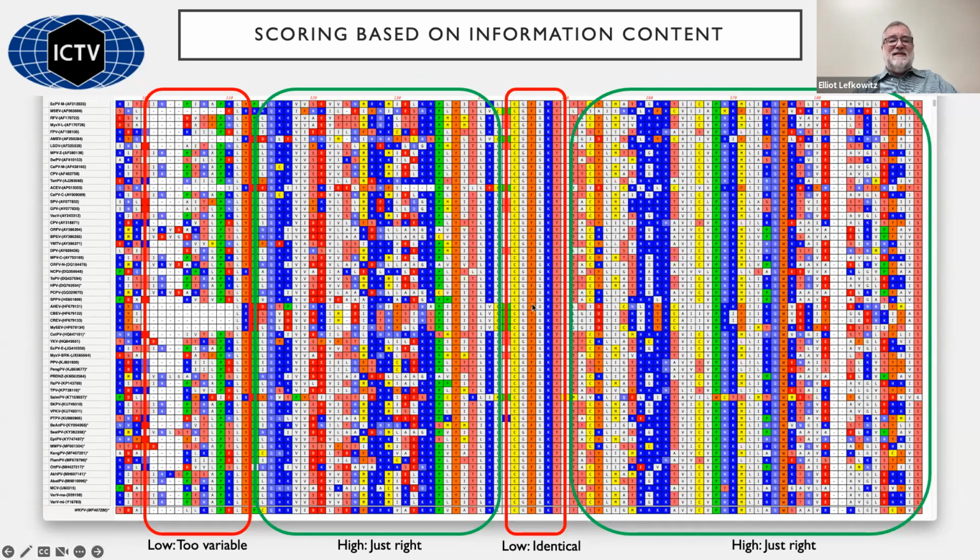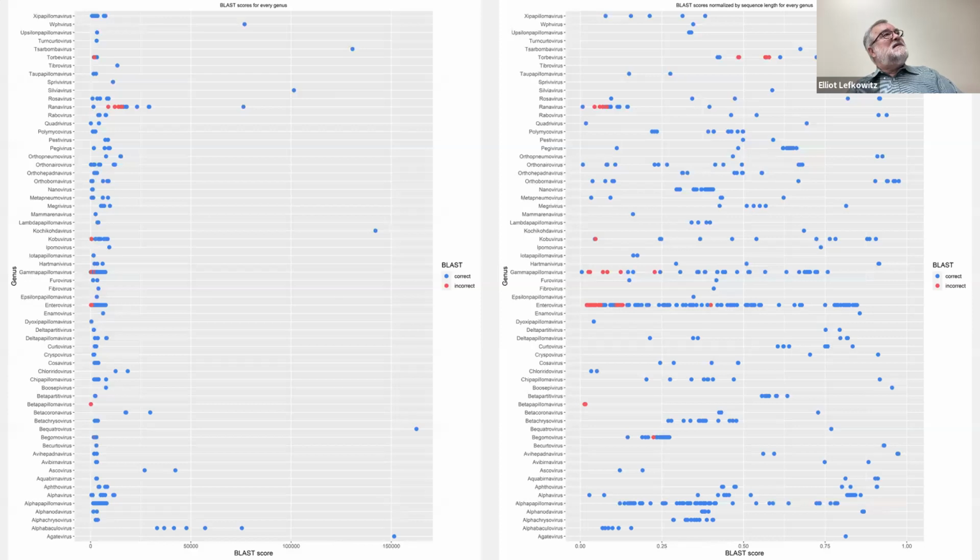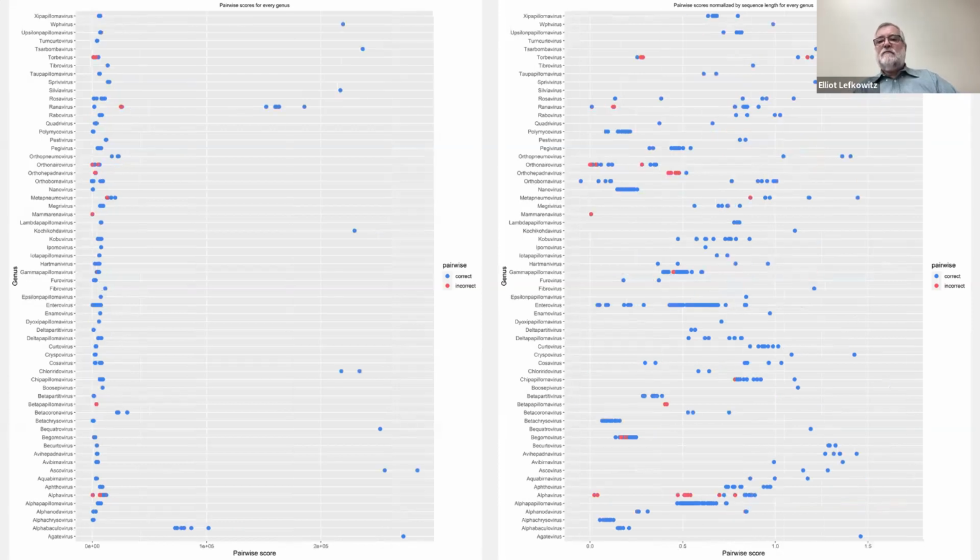Neither do regions that are completely identical. So those regions that are too variable or regions that are identical have low information content. The other regions that are just right have variable information content, but not too variable. So he can use these now to score the alignment of the query sequence against these MSAs. And he's now experimenting with different methods of doing that, seeing which scoring algorithm is best.